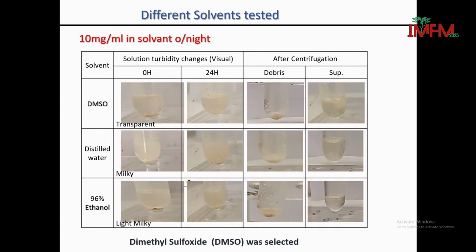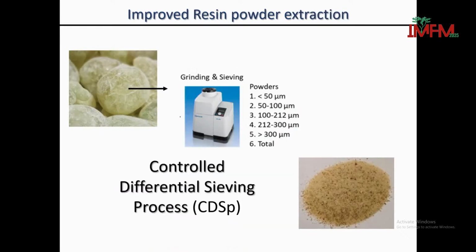We tested different solvents, and as you have heard, we decided to use DMSO, dimethyl sulfoxide, which is biocompatible for use with cells, which is not the case with ethanol or methanol or other buffers. And the second step, as you have heard, is that we are also testing the different sizes of the powder for the extract to see if there is a difference.